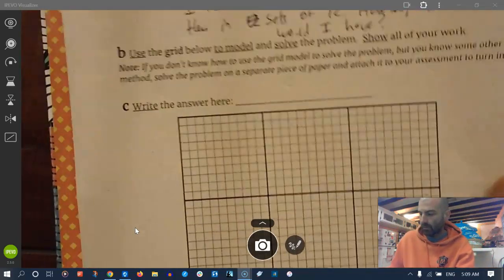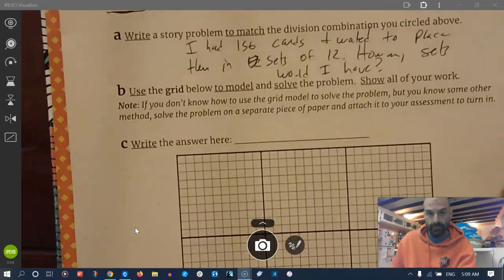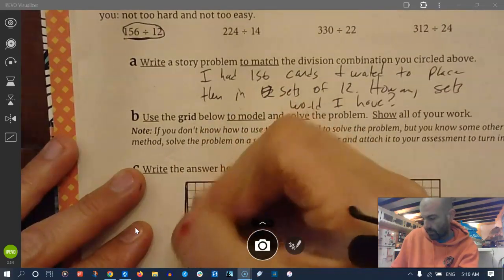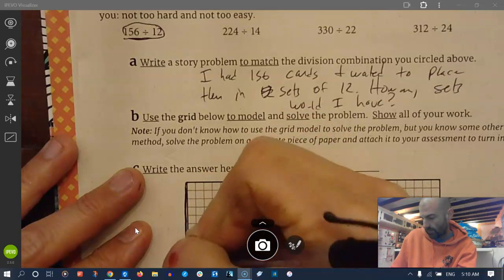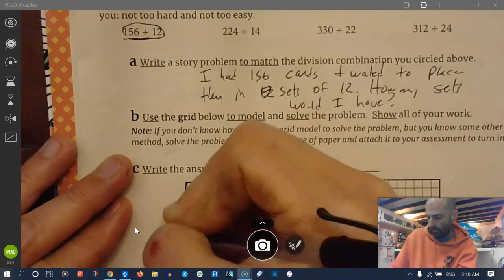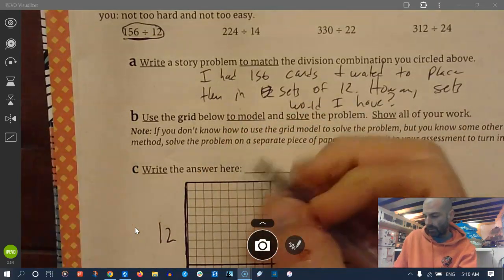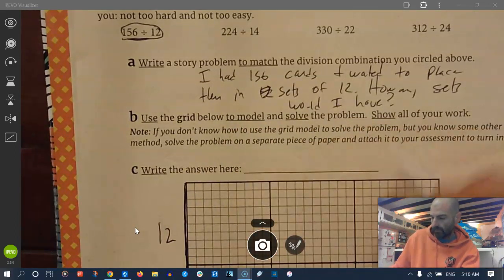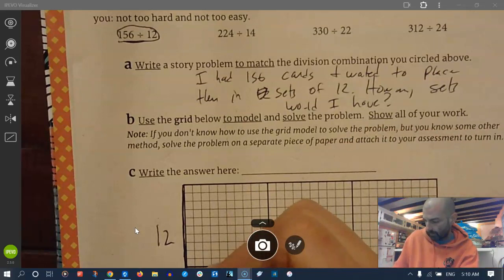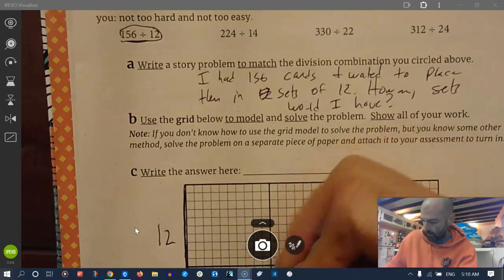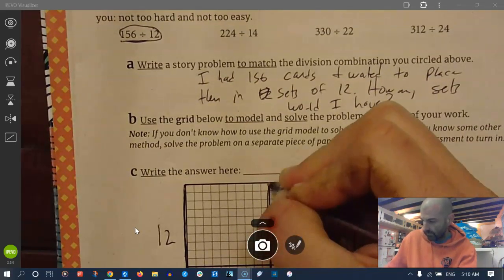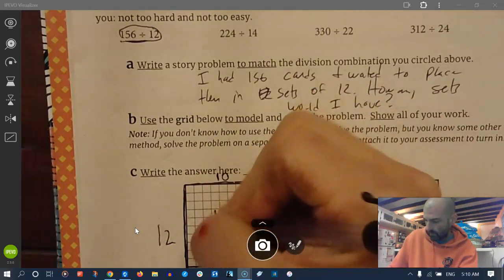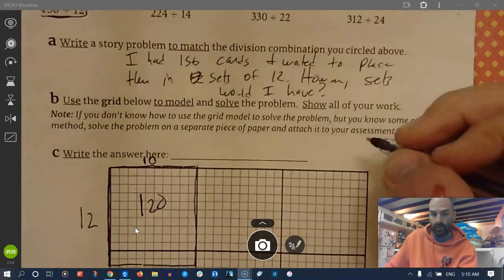And now I do want to use this grid. We practice this grid. My divisor is here, it's 12. And I want to take the 156 and plot it here, so I want to have that array. I'm first going to start off with my tens. This is 12 by 10, so in there is 120. I also want to keep track.